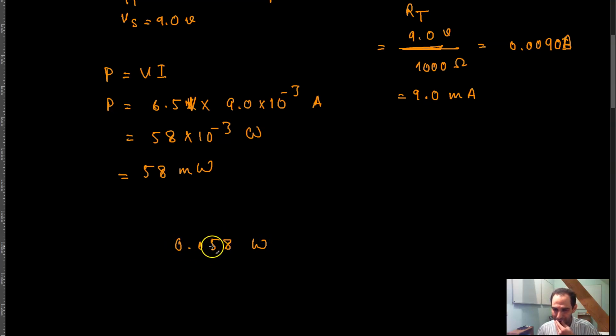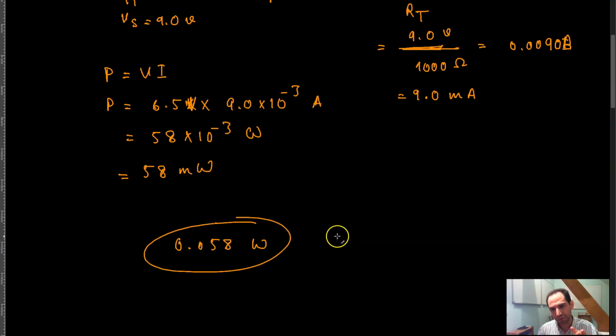That means that you need to compare this with the range of resistors that you have. For example, normally you have 1/8 watt resistors, 1/4 watt resistors, 1/2 watt resistors, 1 watt resistors, 2 watt resistors, and so on and so forth.